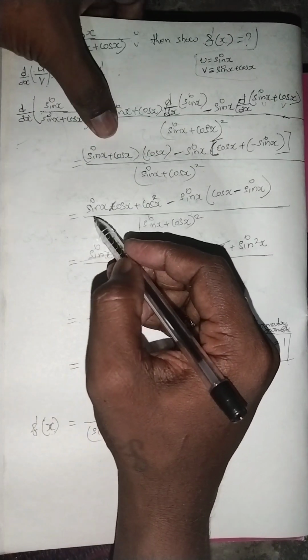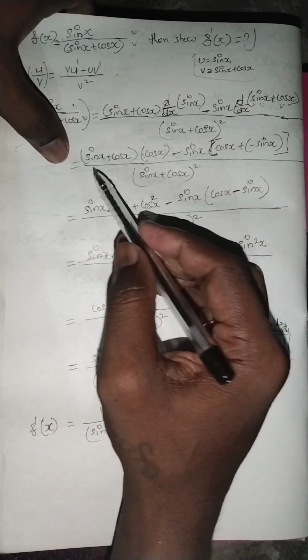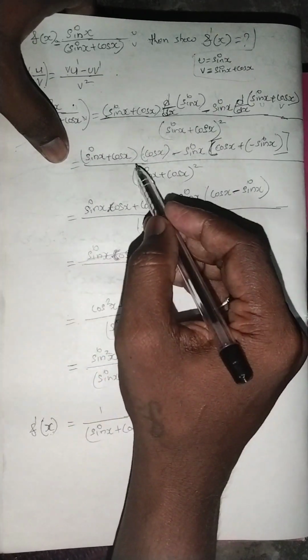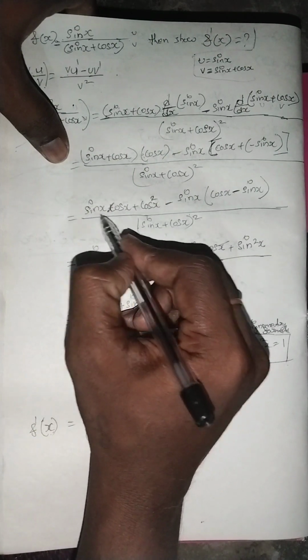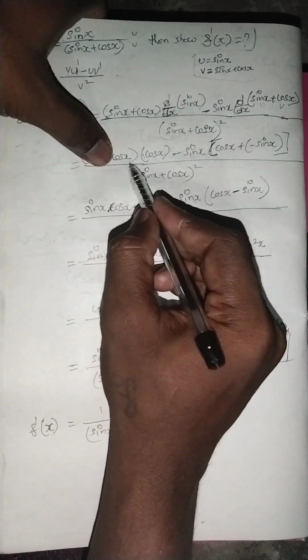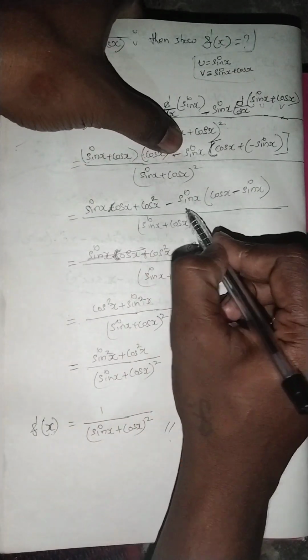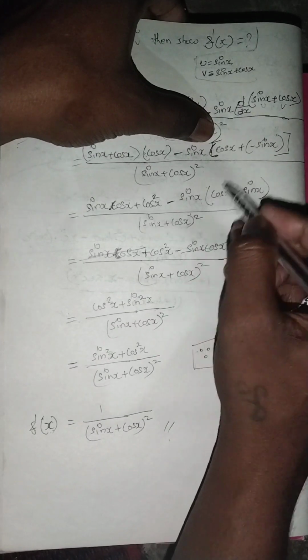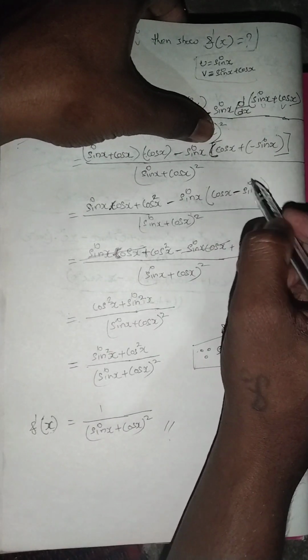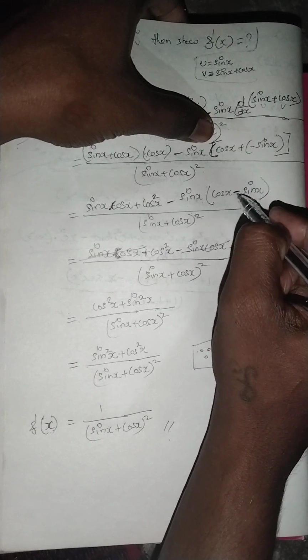Then equal to, I multiplied this: cos x into sin x plus cos x into cos x, square, minus sin x as it is I write down here. Then cos x minus, plus, why? Because plus into minus.